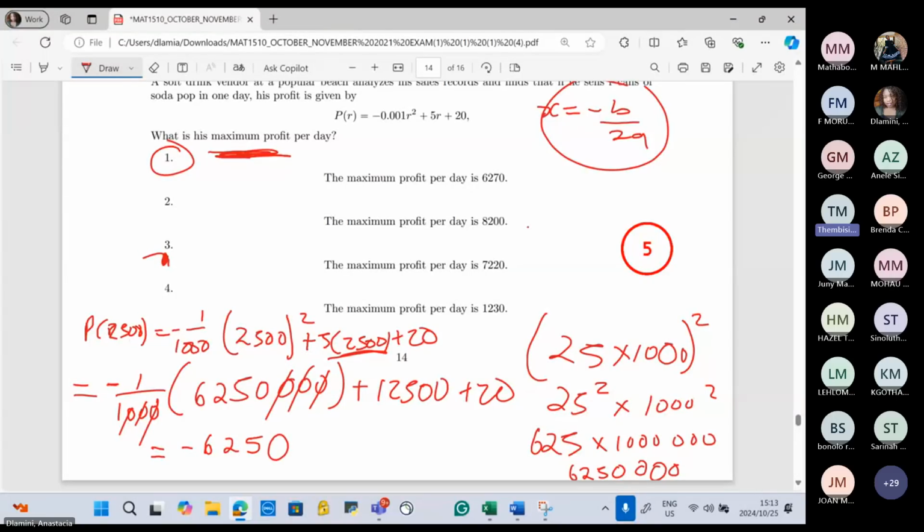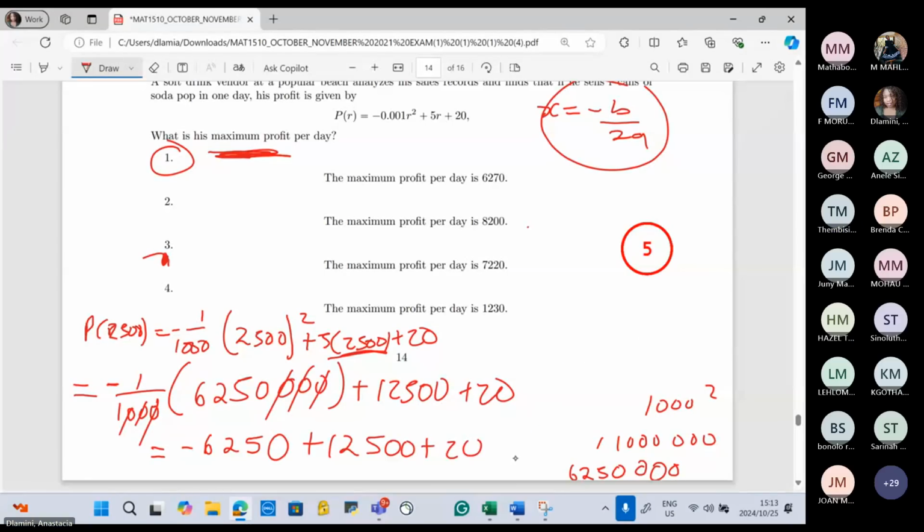6,250 negative. Okay. Then what's the answer? Let's remove one more 0 to make life easier. 12,520 minus 6,250. What do you get?